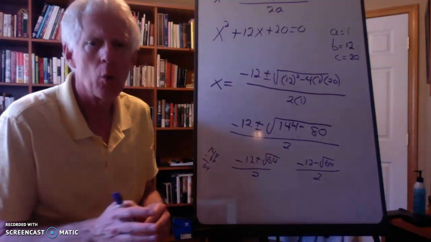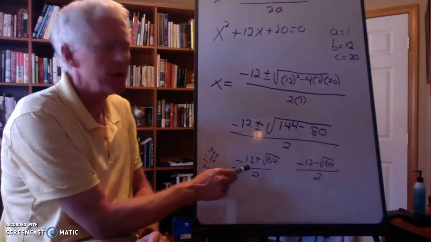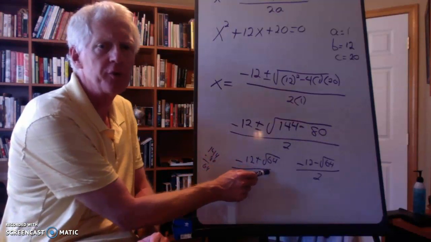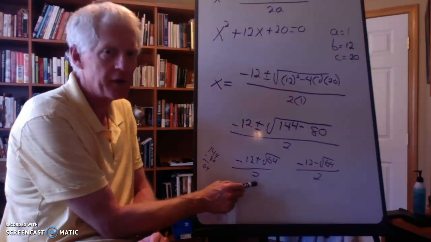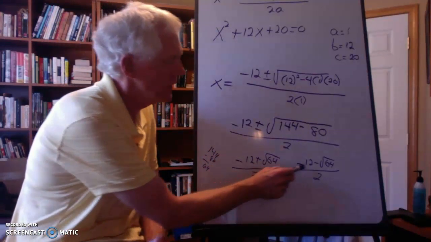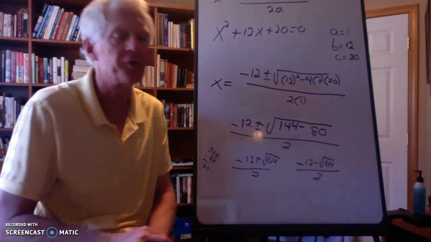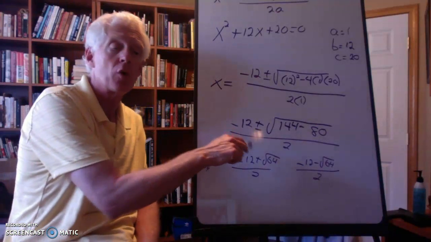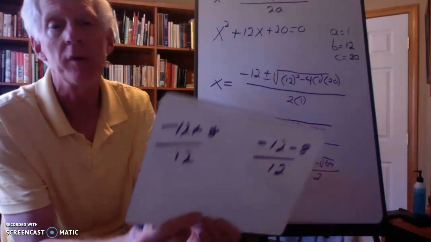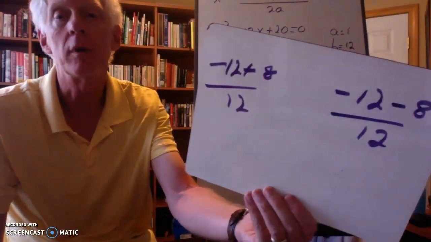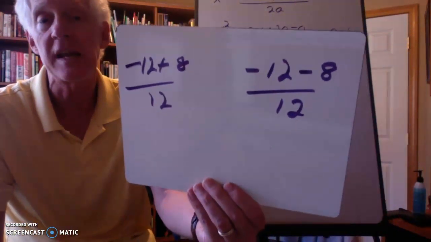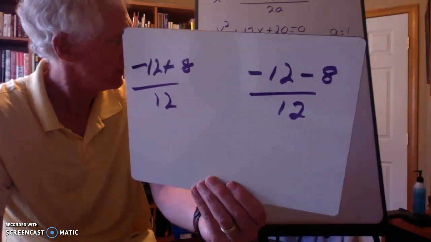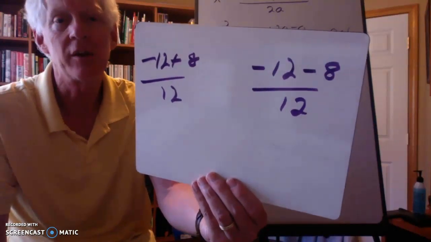So what we've got is negative 12 plus root 64, divided by 2. And the other value is negative 12 minus root 64, divided by 2. Since root 64 is 8, you end up with negative 12 plus 8 over 2, and negative 12 minus 8 over 2.